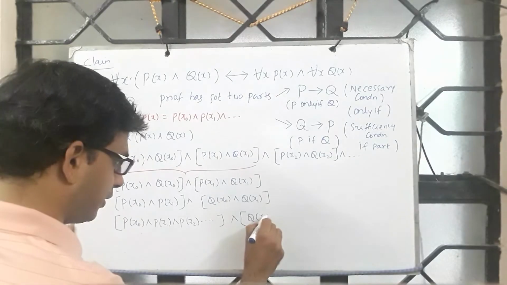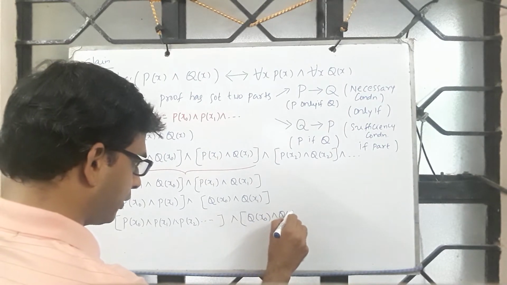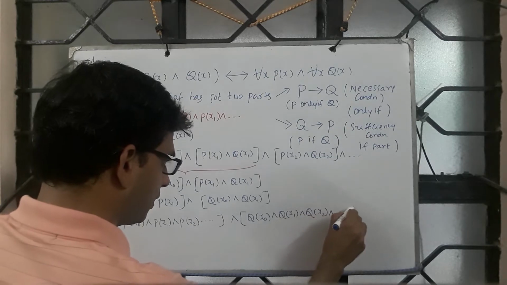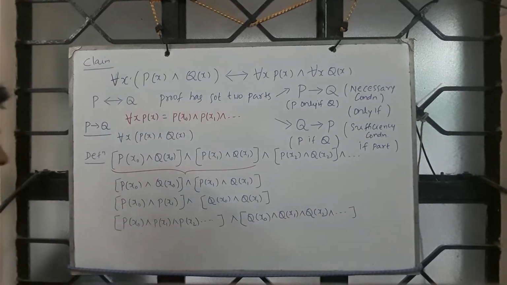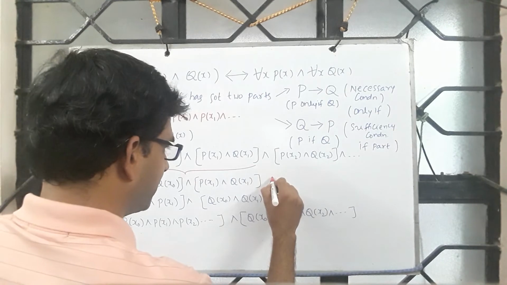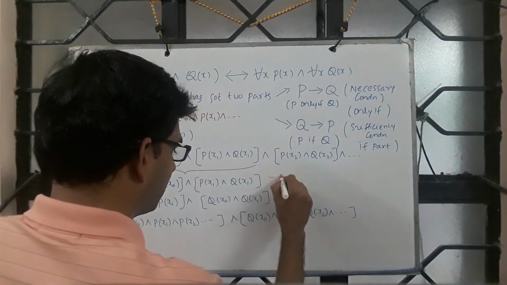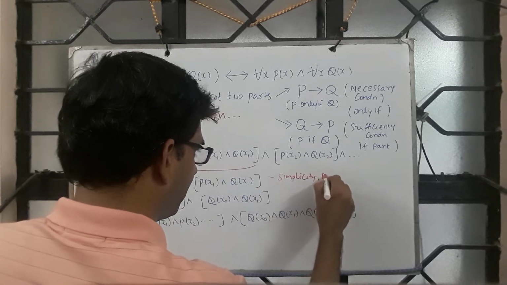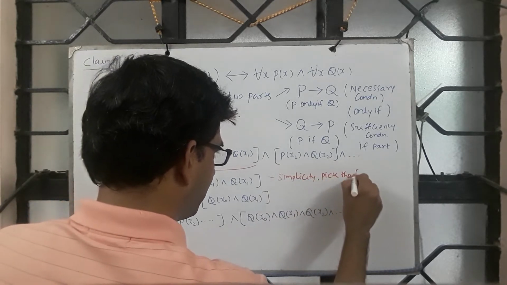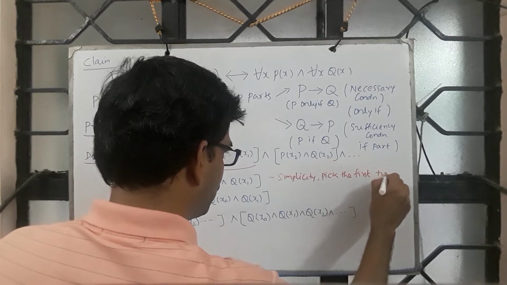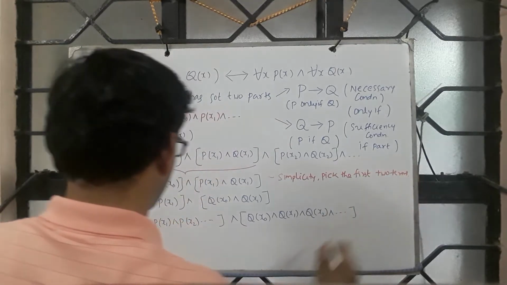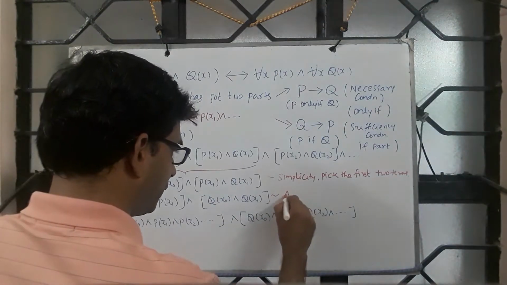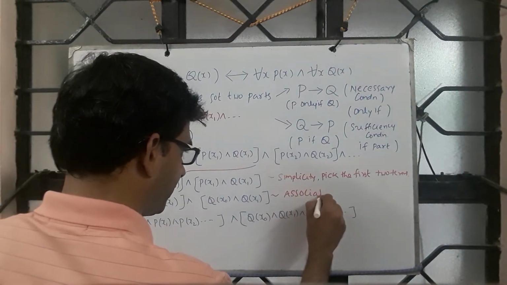This will be q of x naught, q of x1 and q of x2 and so on. Okay. And this one is for simplicity. Pick the first two terms. Then I am rearranging. This one is due to associativity property.